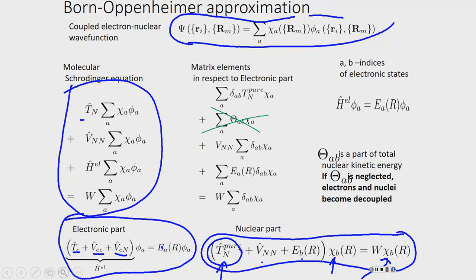And we will identify that it will be pure nuclear kinetic energy plus nuclear repulsion plus an additional term due to polarization of electrons. So for the nuclear part and for the electronic, it is everything that has lowercase e applied to the electronic wave function for the eigenstate problem. Nothing new. We did this.